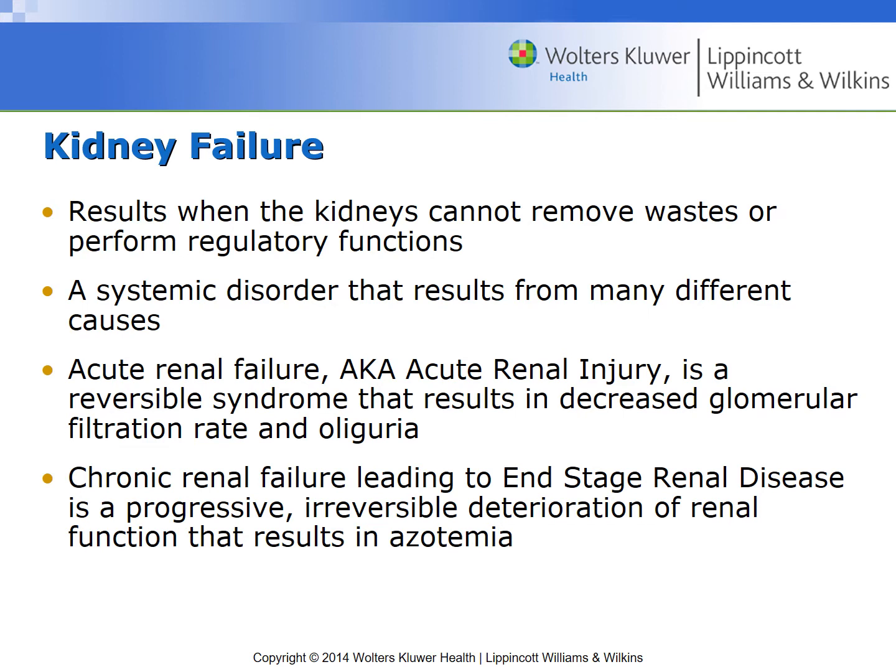And we can also see anuria, which means less than 500 milliliters per day, and that's for adults. Now, for pediatrics, anuria is less than 1 milliliter per kilogram of a child per hour.